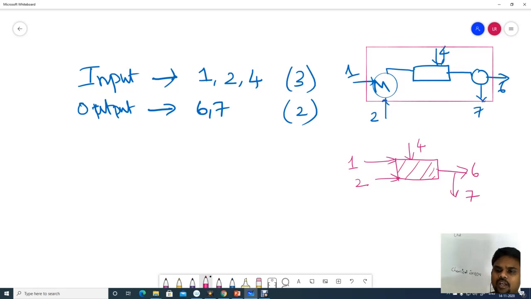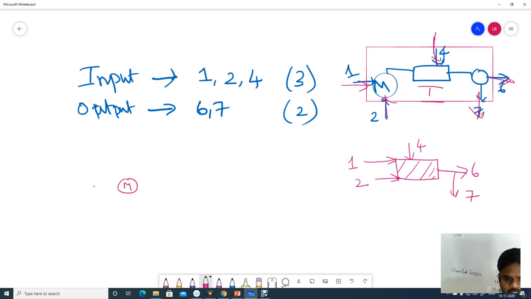So I have seen overall how many inputs are there into this system, and how many outputs there are we have considered. So that way we can simplify this and write the overall material balance by considering these total units as 1.